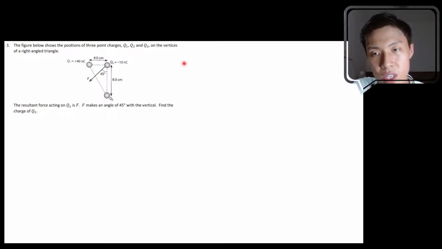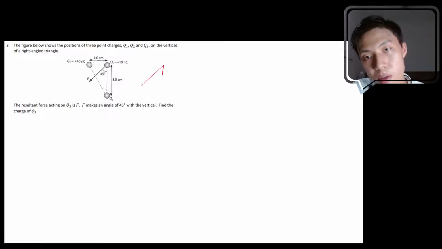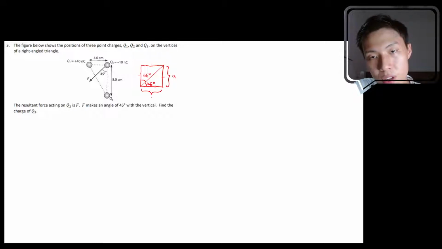It's unique because if you form a triangle and you know this is 45°, you know that the other angle should be 45° as well, and this will be a square. So the length over here should be equal to the length over here. A will be equal to B.